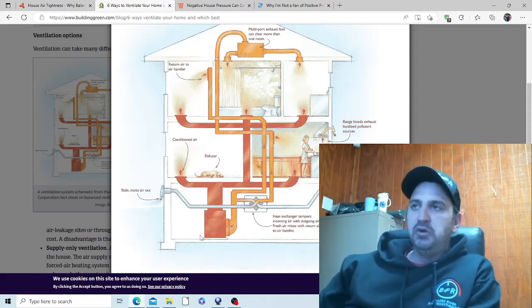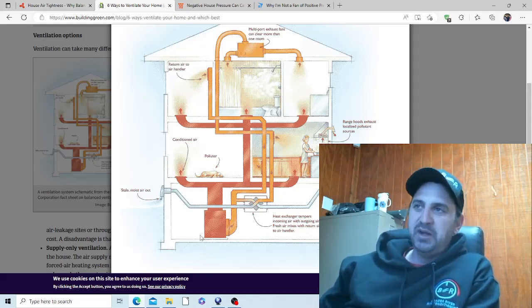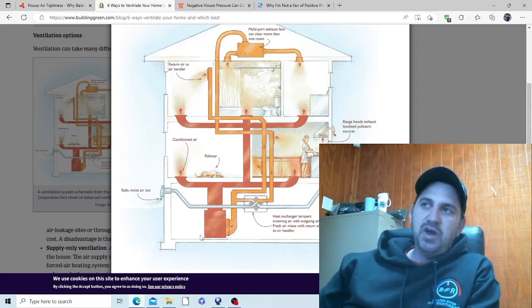Whereas if you build a tight home, like Matt Risinger says, build tight, build right. If you build a good, solid, tight home and you control the air coming in and out, you don't have to worry about this stuff lingering in the house and where it's catching at and all of this.